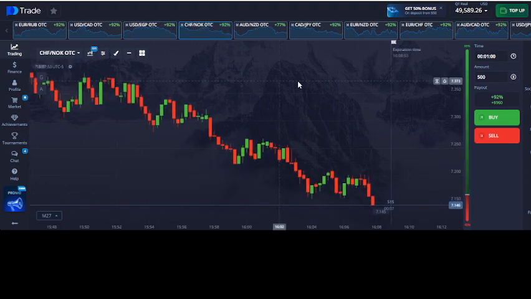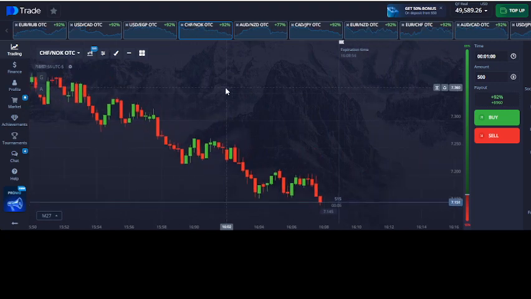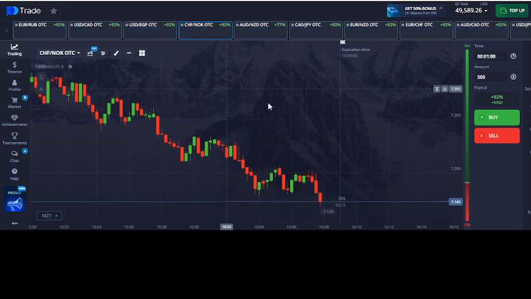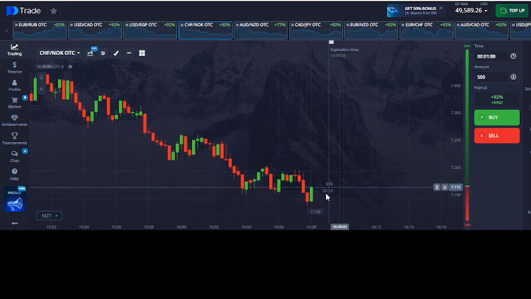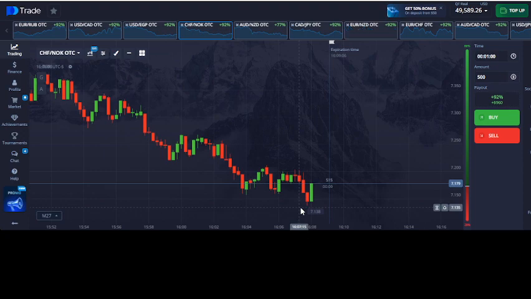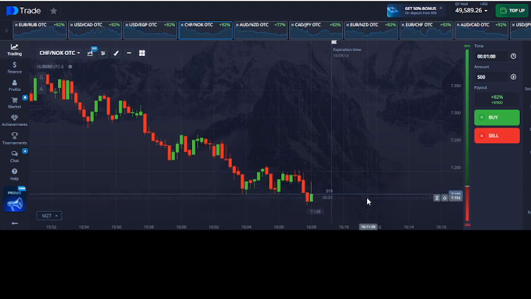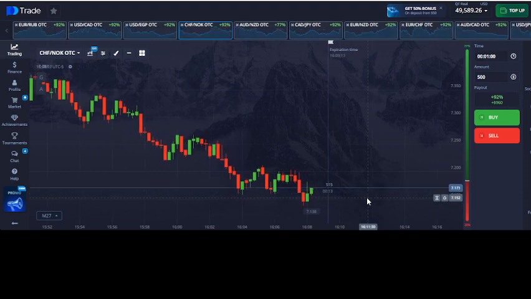All right, we have a strong bearish downtrend happening here on the Swiss franc Norwegian kroner. Let's see if a gap opens up, and we would take a sell trade. Okay, there's a retracement going on here.